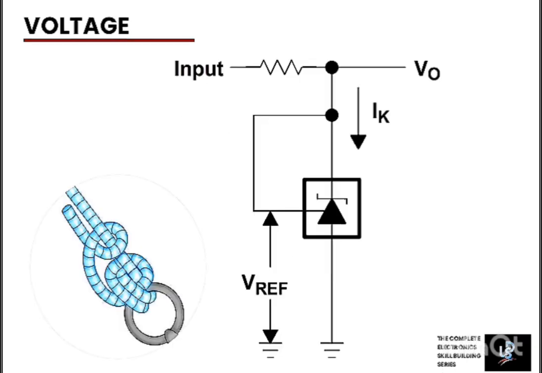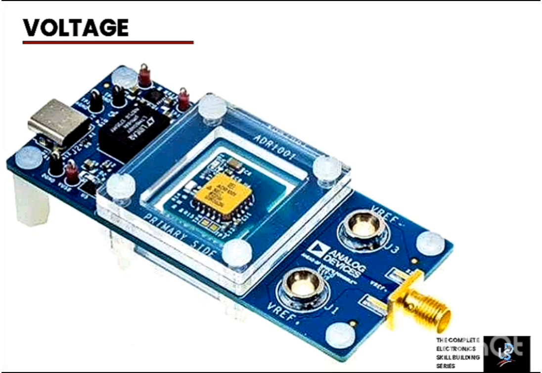Think of VREF like an anchor or a 0 point on a ruler. It is a stable voltage and it allows other voltages to be measured or compared against it. This is the VREF label on this particular board.